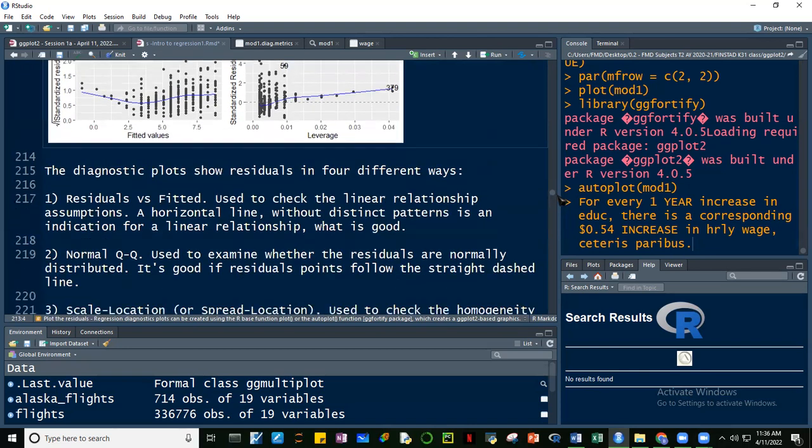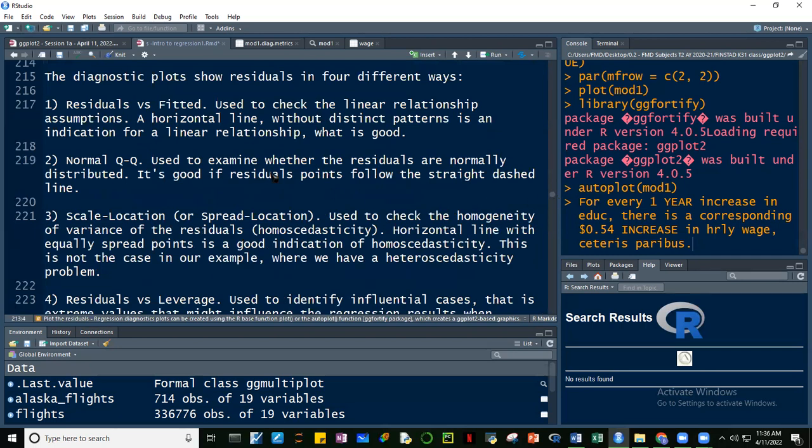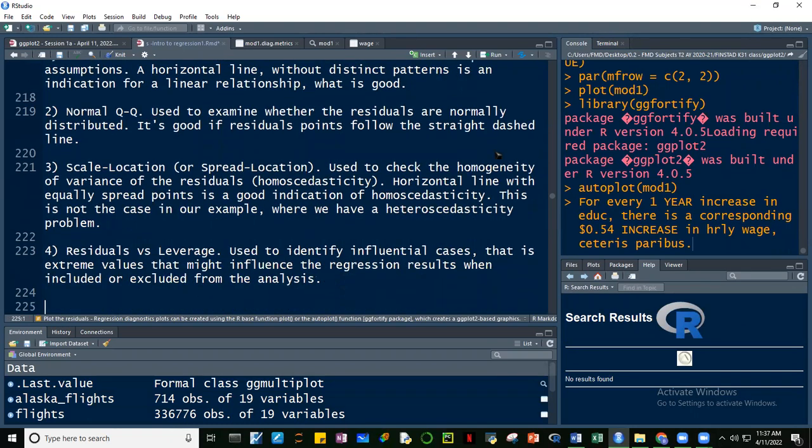Okay. So number 2, guys, yung normal QQ, sabi natin, it's used to determine whether the residuals are normally distributed. It's good if the residuals are following the quantile plot. Otherwise, kung malayo, guys, ibig sabihin, yung residuals natin hindi normally distributed. Okay, ano naman yung number 3, yung scale location?